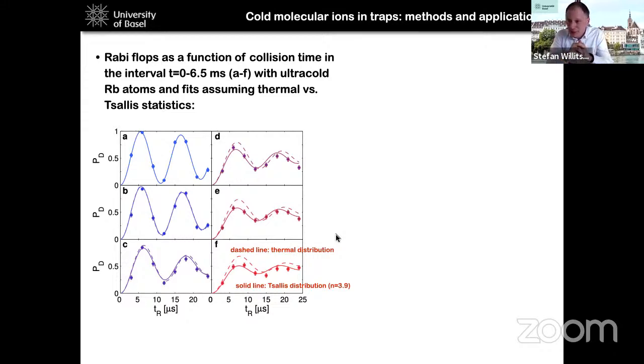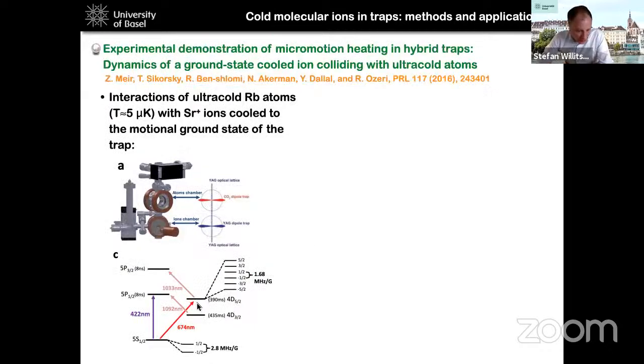Temperature is a bad word to use here, but they would essentially map out the kinetic energy distribution of the ion in the trap. They were doing this by Rabi thermometry on a quadrupole transition in the strontium ion.